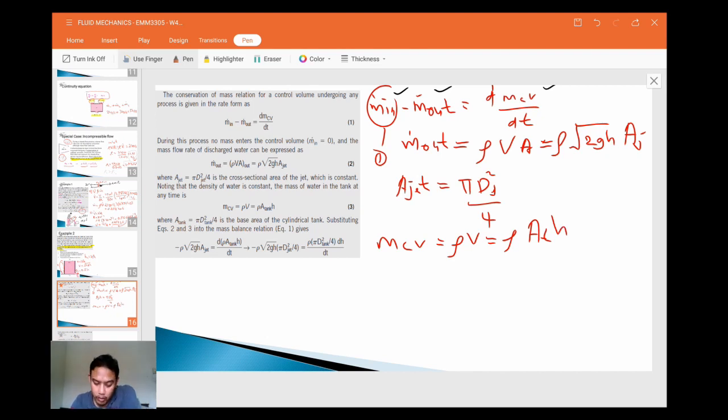The area of tank is equal to pi d square tank divided by 4.